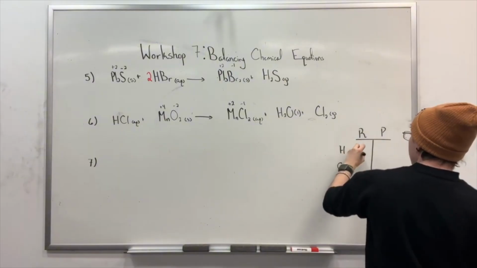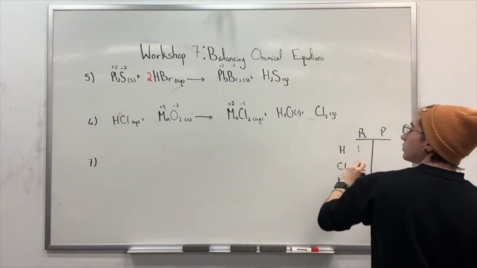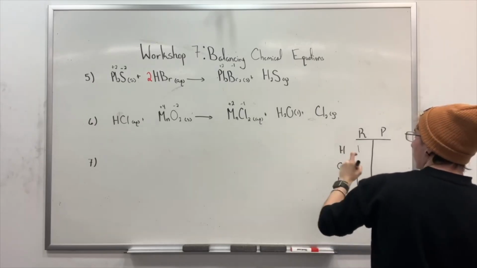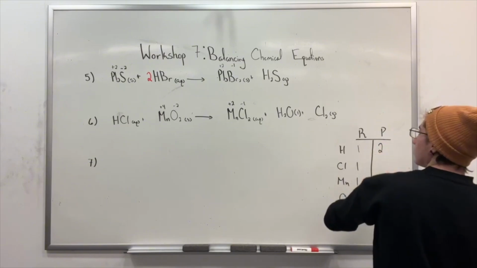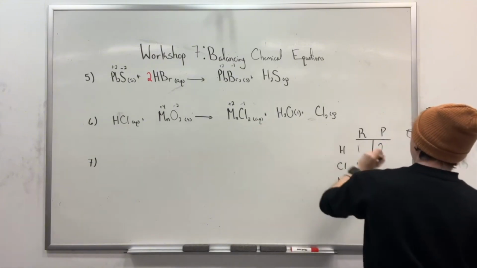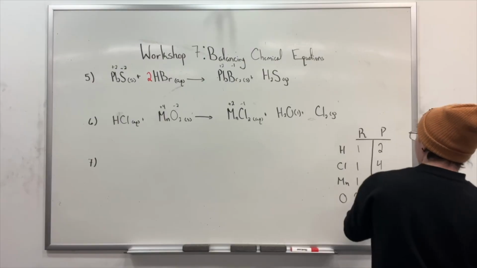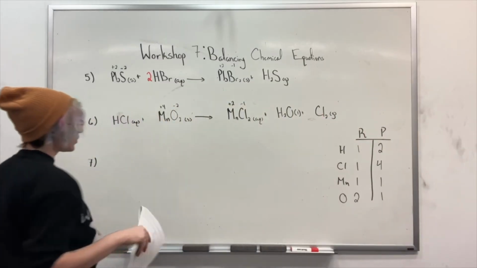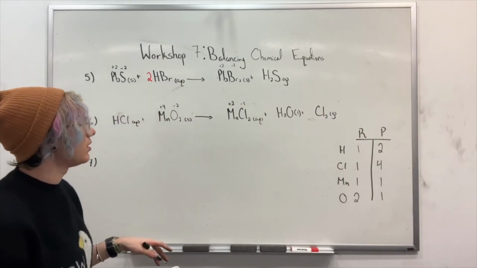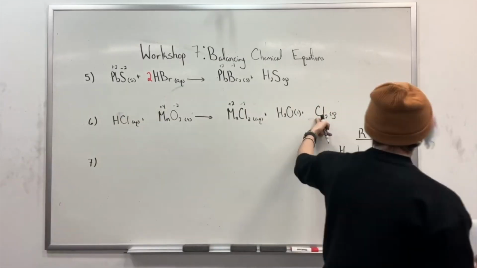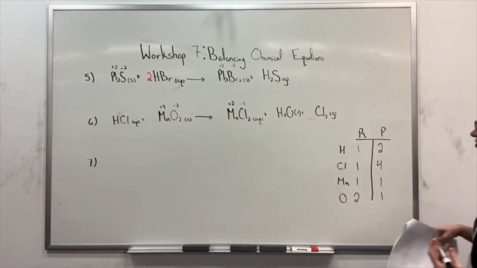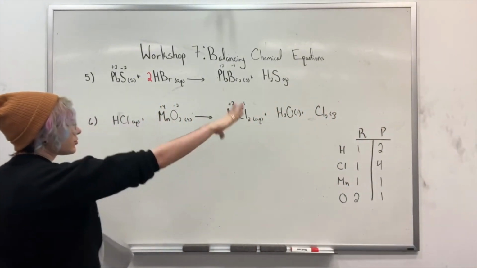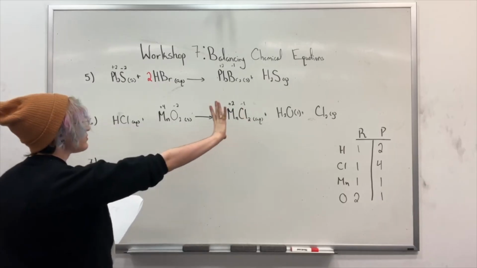We have 1 hydrogen, 1 chlorine, 1 manganese, and 2 oxygen, versus 2 hydrogen, 1, 2, 3, 4 chlorines, 1 manganese, and 1 oxygen. Chlorine by itself, we're going to try to balance that last, or at least we're going to focus on this specific chlorine last, but overall we're just going to try not to focus on chlorine itself too much. Trying to keep that for last just because we know if we need to, we could affect that later.